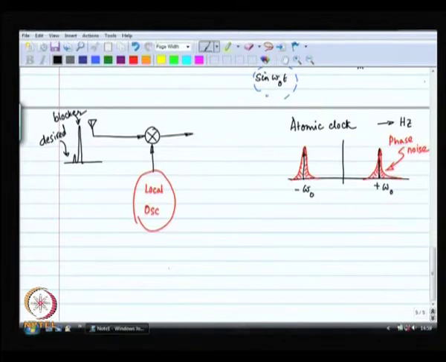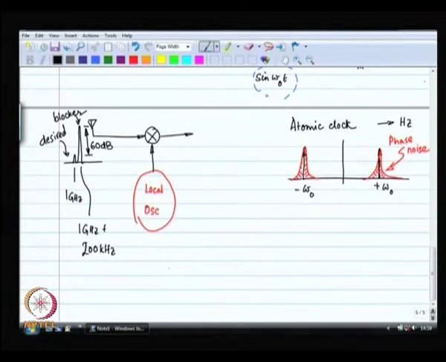Let us say that the desired signal is at 1 gigahertz and the blocker is at 1 gigahertz plus 100 kilohertz, let us say 200 kilohertz, and let us say that the blocker is 60 dB larger than the desired signal. All right, under worst case situations.